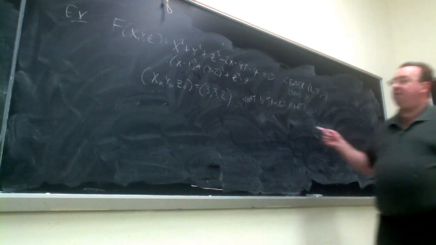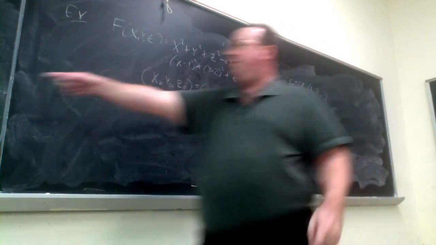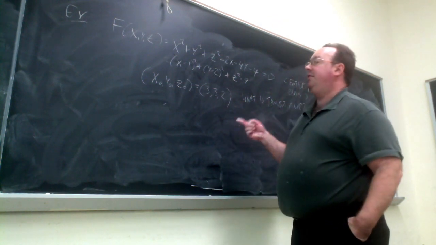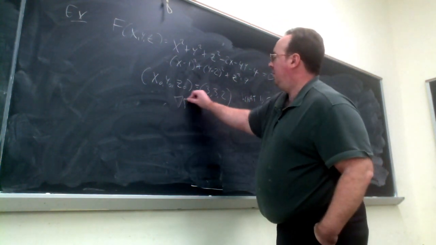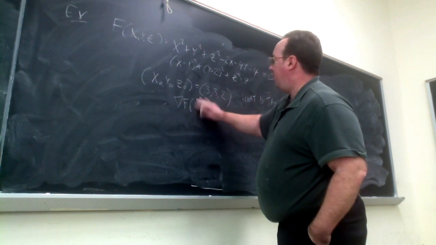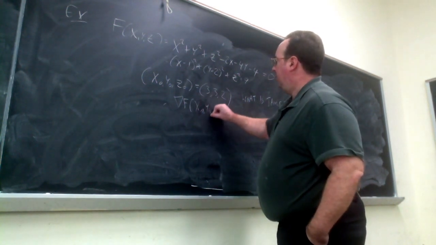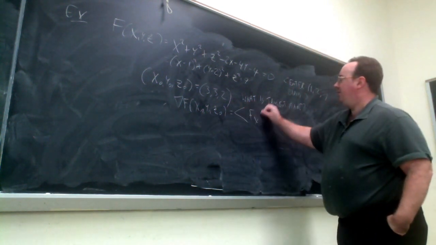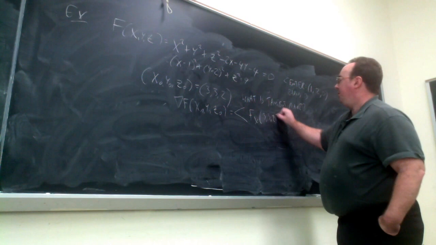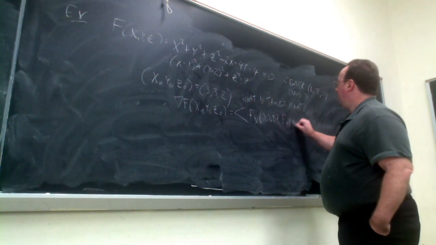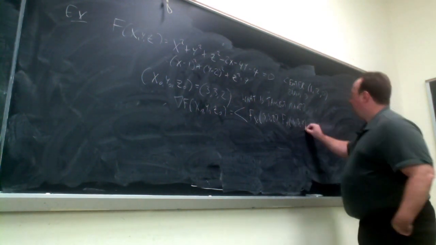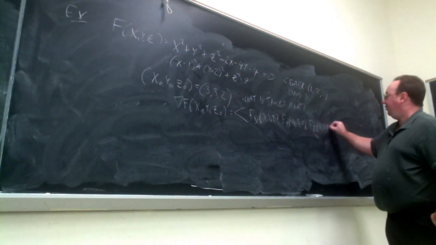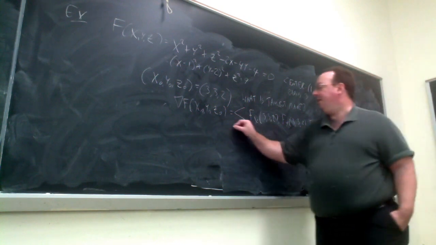So to get that, we just use a formula that I've boxed over here, this one. So we need the gradient of f at this point. So that's going to be fx at 3, 3, 2, fy at 3, 3, 2, and fz at 3, 3, 2.